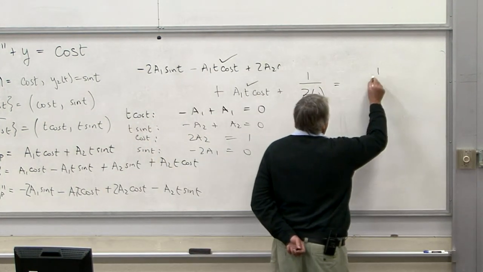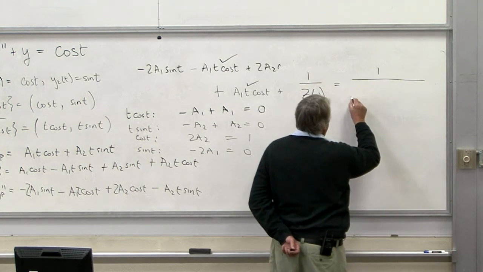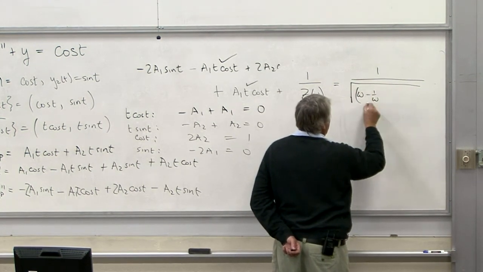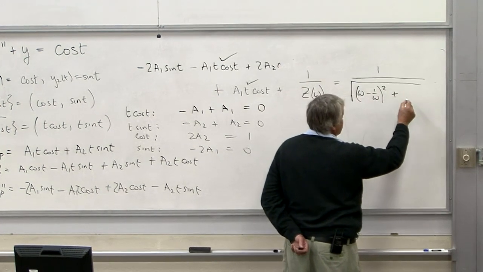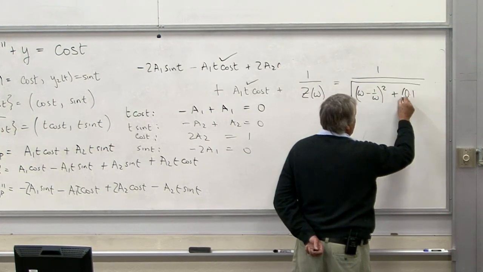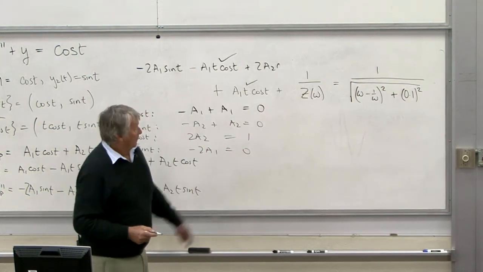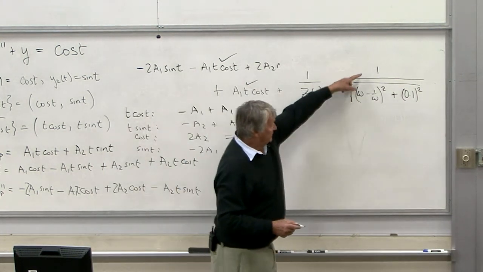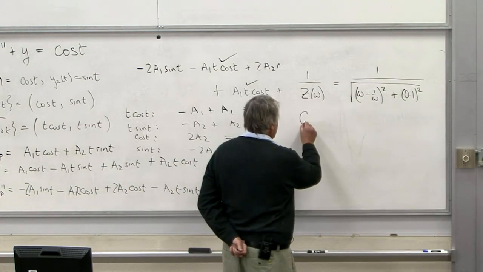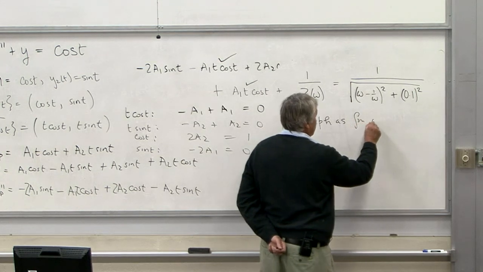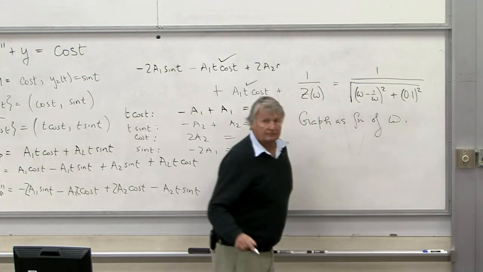And I'm going to have it like this. It's omega minus 1 over omega all squared plus a very small number, I call it 0.1 squared. I want you to graph this guy as a function of omega. Okay?